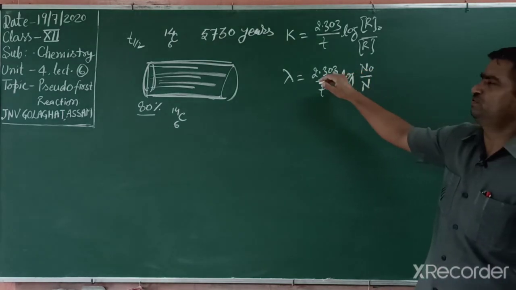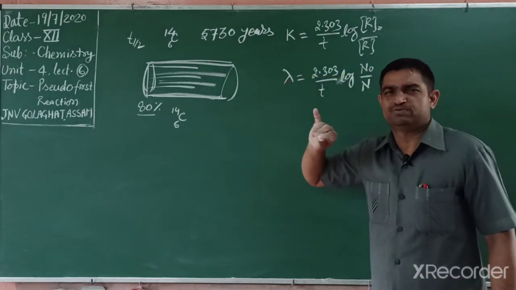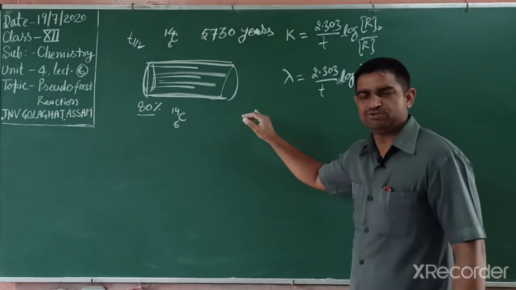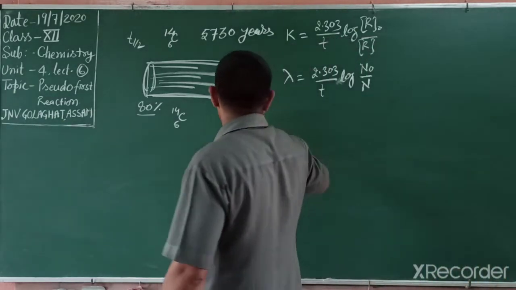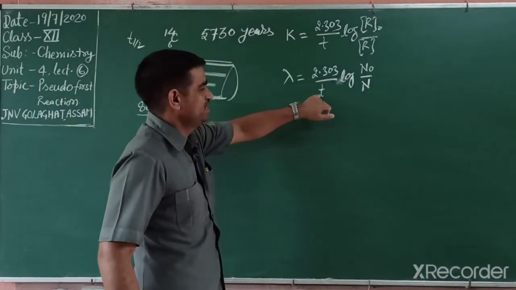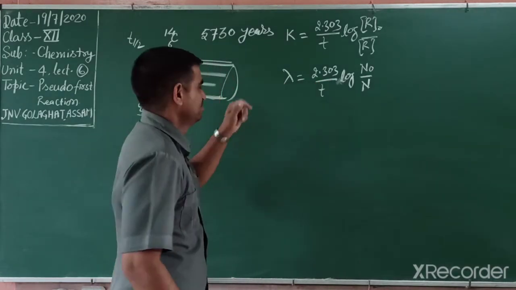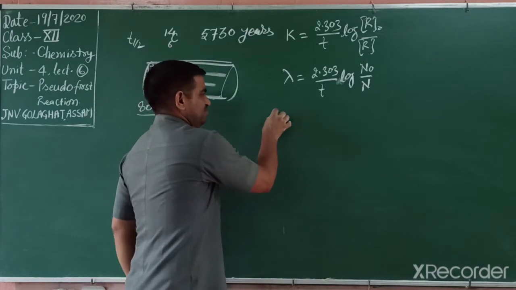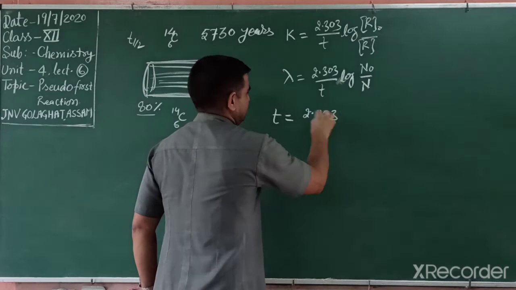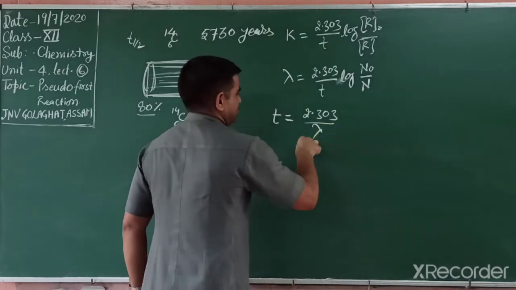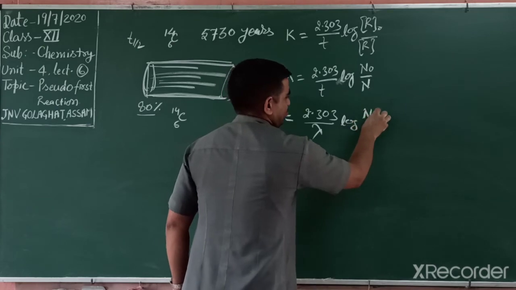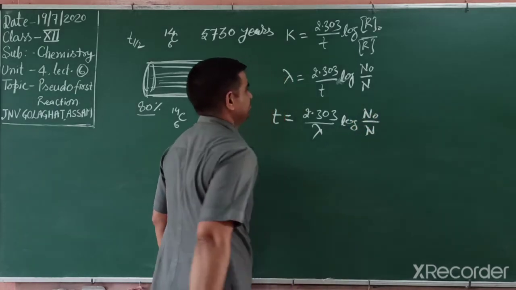The initial concentration of the radioactive substance divided by the final concentration, and lambda is the decay constant, or rate constant. To find the age, we have to find t. So t is equal to 2.303 by lambda log N naught divided by N.